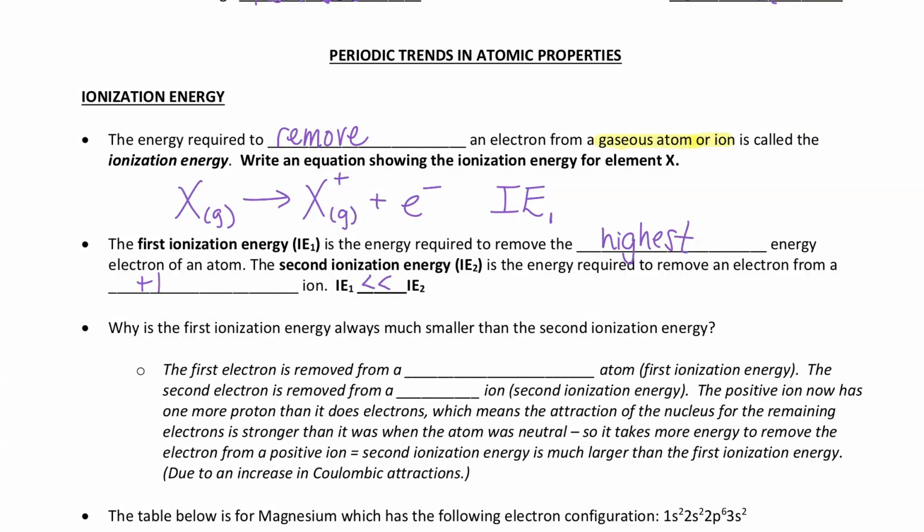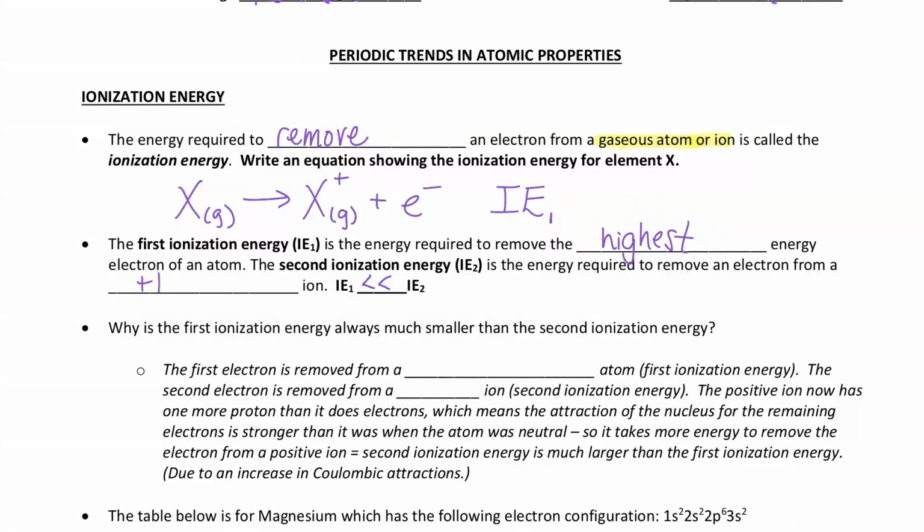For the remaining electrons, are they going to feel a similar attractive force to the nucleus? Or stronger or weaker? It's going to be stronger, right? We now have a difference here. We have less electrons, so there's going to be less repulsion occurring.